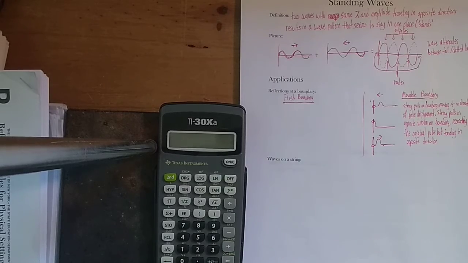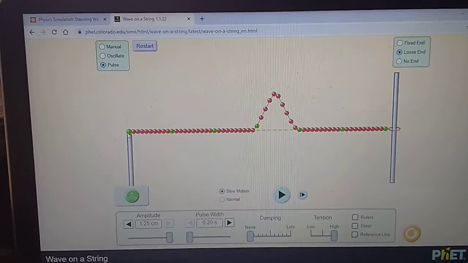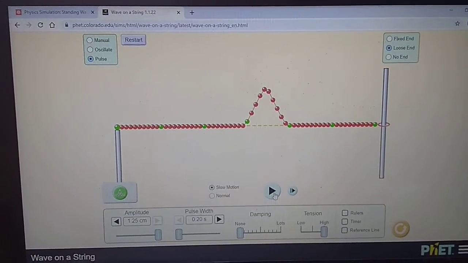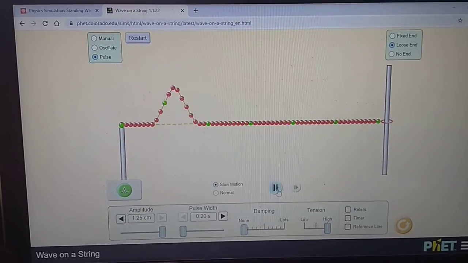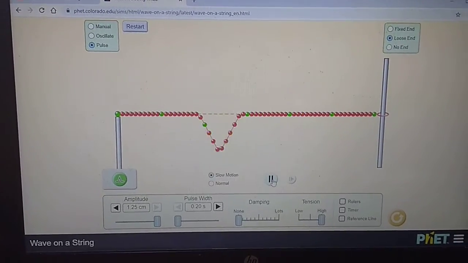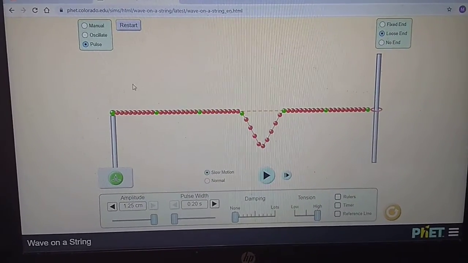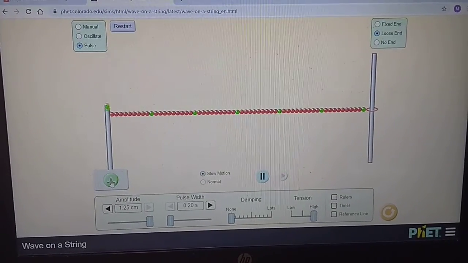Now let's take a look at what happens if we have a wave that hits a fixed boundary. So this is a fixed boundary here, as long as I'm not pulsing. So we're going to hit play, and we're going to watch what happens. Okay, so it's approaching it, and something different happened. It seems to have inverted this time. Let's look at it one more time.